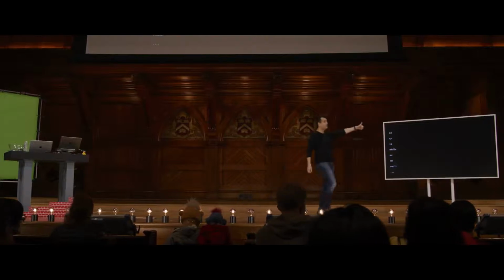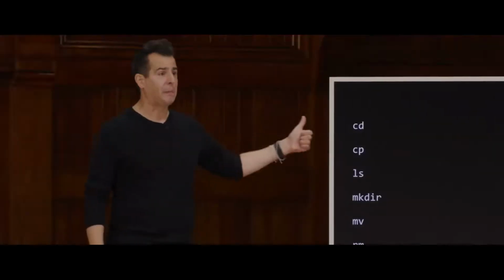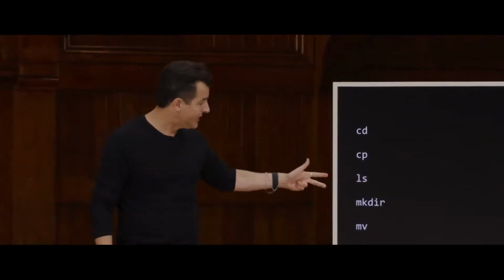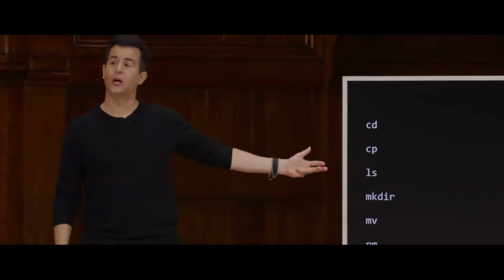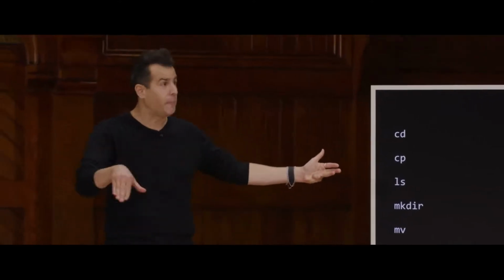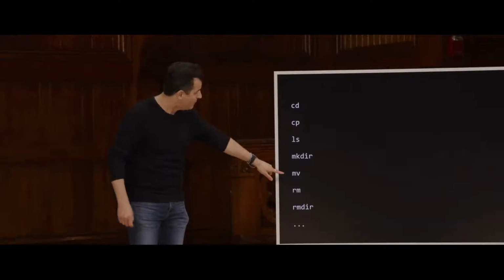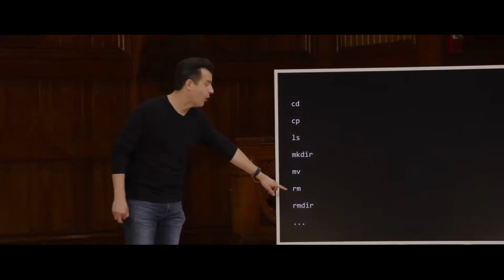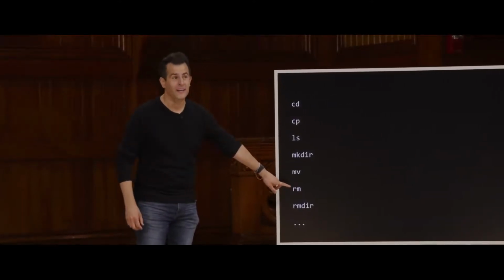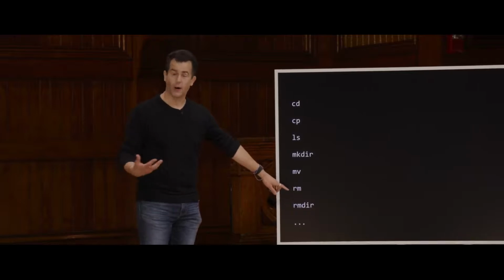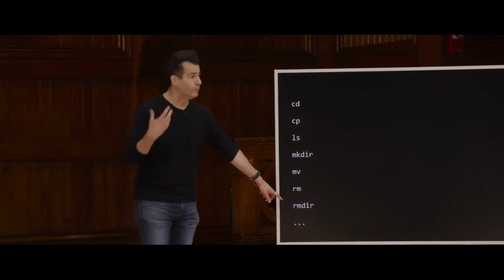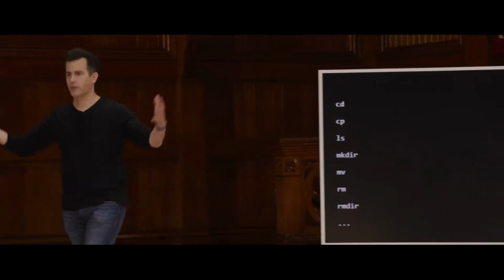So cd for change directory, cp for copy a file, ls for list, mkdir to make a directory, to create a new folder at the command line instead of with the button, mv for move or rename, rm for remove. So be careful with that one. rmdir, remove directory. And there's dozens, hundreds of other commands.